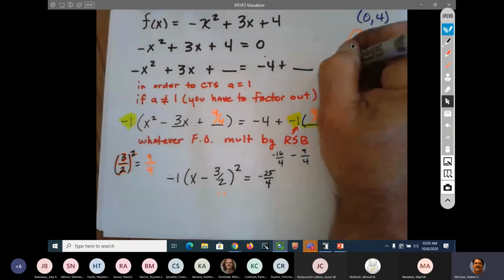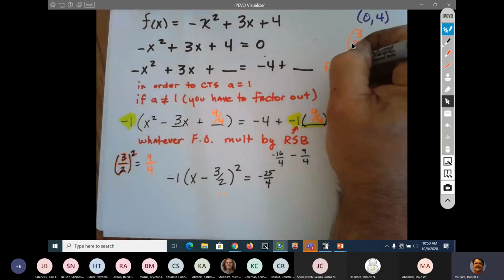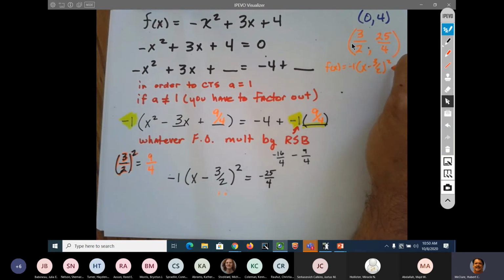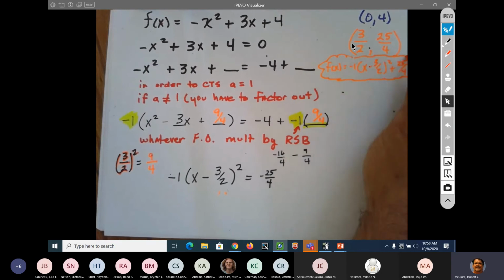And f of x is equal to negative 1 times the quantity x minus 3/2 squared, plus 25/4. And of course, you just need to know that so you know how to type it in to the homework and test.